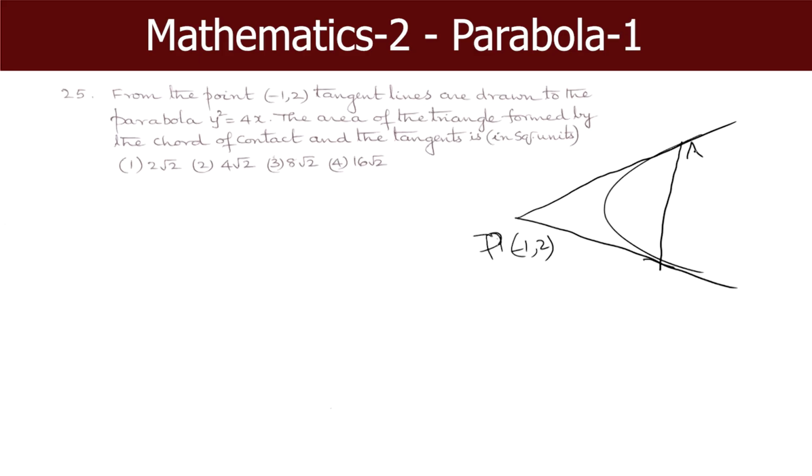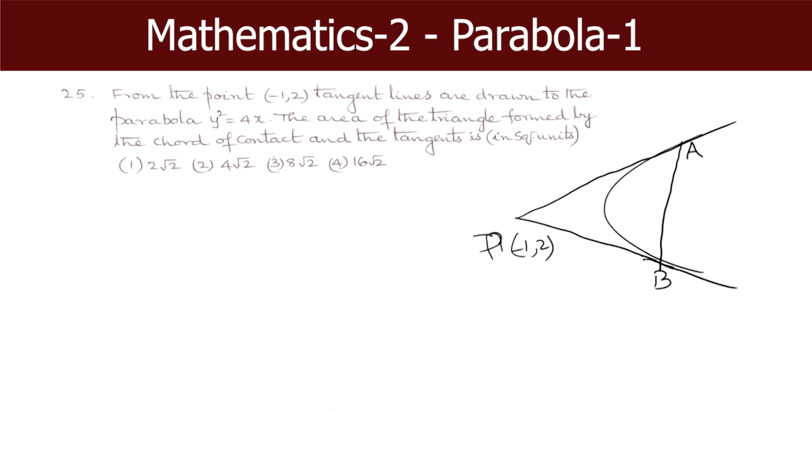This is A, this is B, and AB is the chord of contact of the tangents. What is the area of the triangle PAB? You are asked to find the value of the area of the triangle PAB.